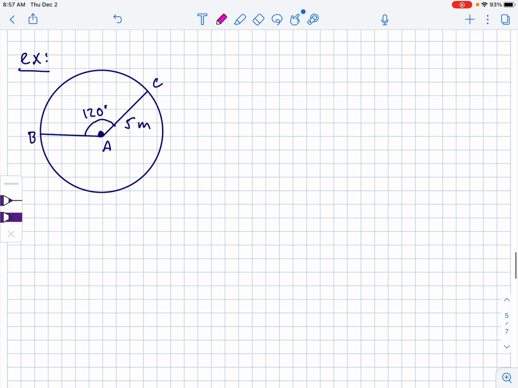Very basic test drive. Let's find the area of this sector. Oh, I forgot to put the directions, but yeah, let's find the area of sector BAC. So we're going to find the area of this pizza slice right here.